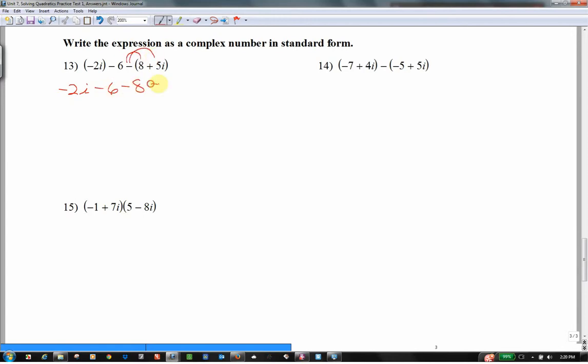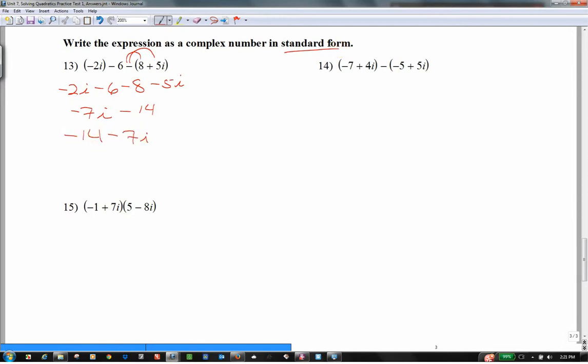Now the negative 2i and negative 5i are going to combine. The negative 6 minus 8 is going to be minus 14, but it talks about standard form. That means you have to put the real number first.